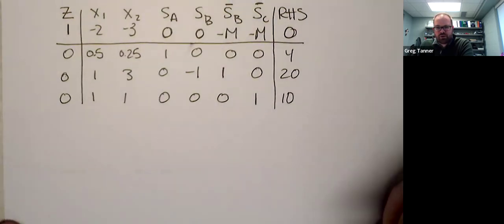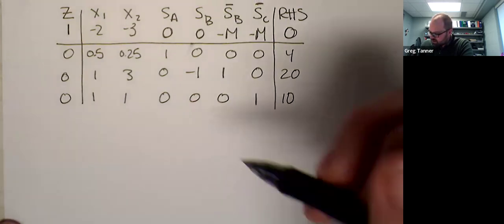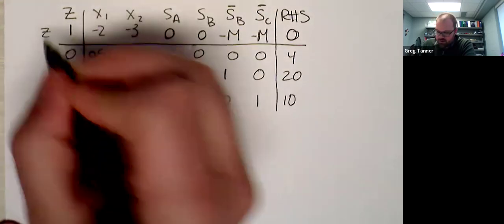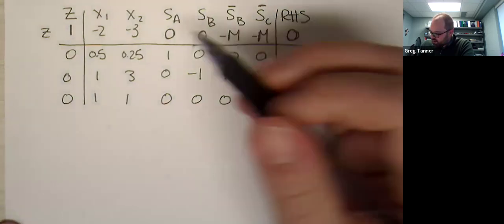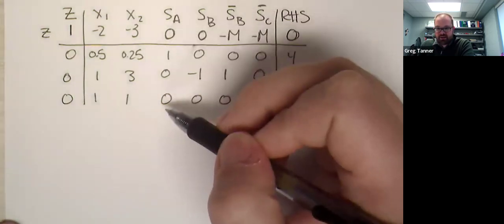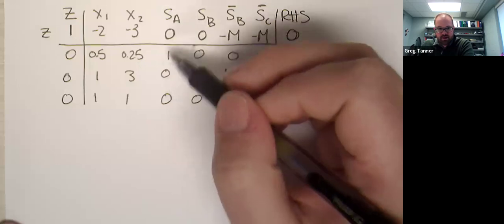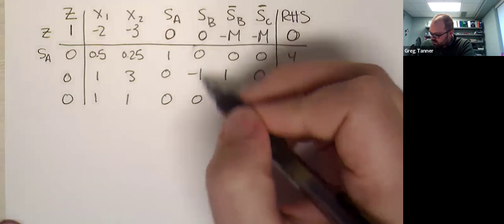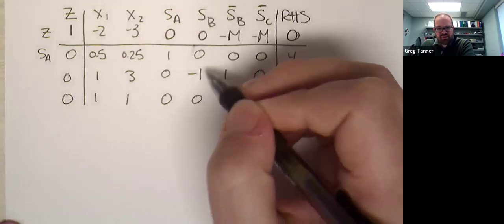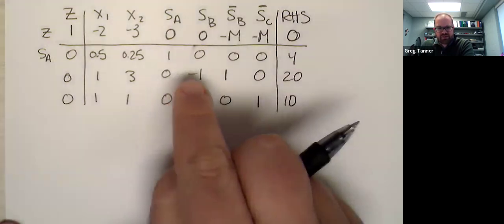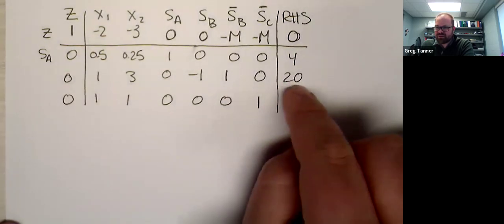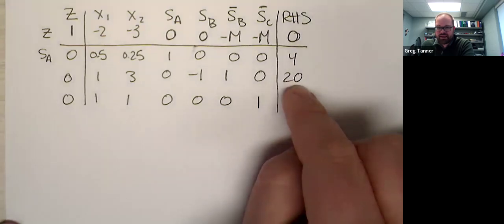Okay. Let's label our rows with our basis. What do you think would make a good basis? Well, Z is always going to be in the basis. The first row is always going to correspond to Z. SA has that second standard basis vector already in it, and so that's going to be the second row. Looking here, SB almost looks like it, but notice it's got a negative here. If I were to get rid of that negative, it'd mean multiplying this row through by negative, and that would turn our right-hand side negative, and we don't want that.